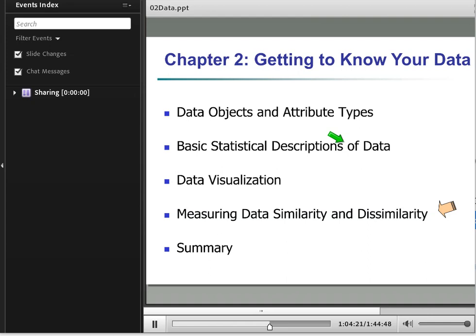As I said before, in this course, I will give you some assignments. We will use some data mining tools like Weka, MATLAB, or something like that.